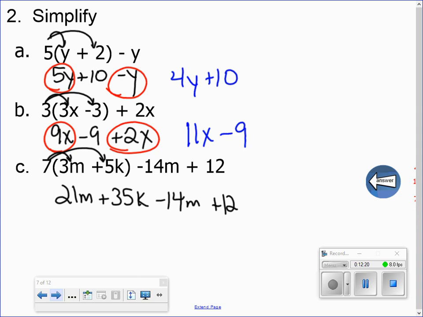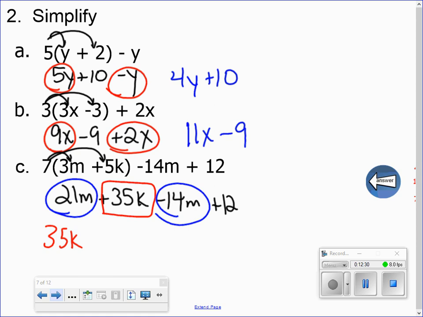So the 35k, which is by itself, should come first. Then we have our m. That's 21m minus 14m. So that would be 7m. And then we have our plus 12 that's hanging out here at the end. So it's plus 12.